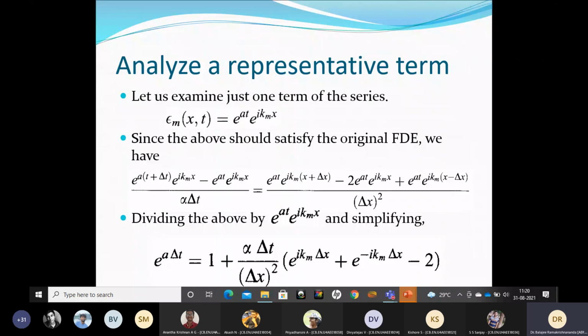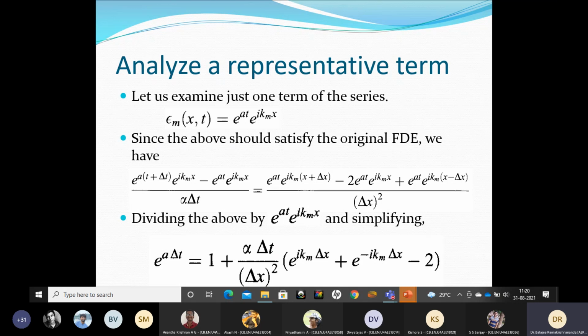So let us examine just one term of the series. If we can draw some conclusions about that term, we can draw a conclusion about generally all the terms, because m is a representative term.